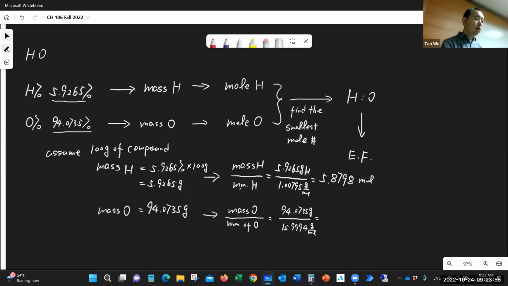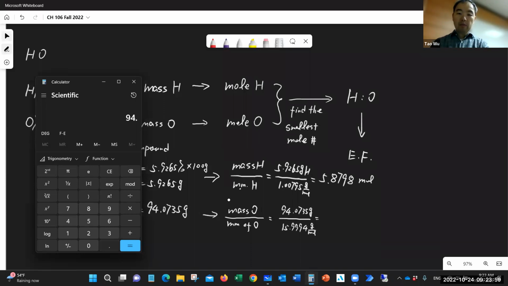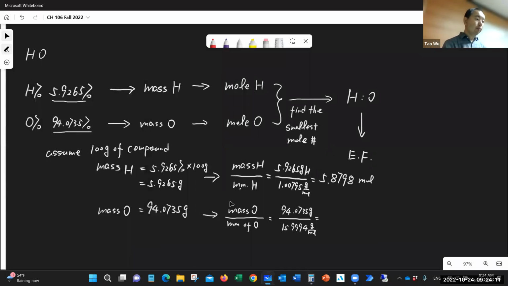This is the moles of hydrogen. And for the oxygen, 94.0735 divided by 15.9994 is also 5.8798 moles. Okay, so now you have the moles of each. Remember, that's the moles of hydrogen, and this is the moles of oxygen.